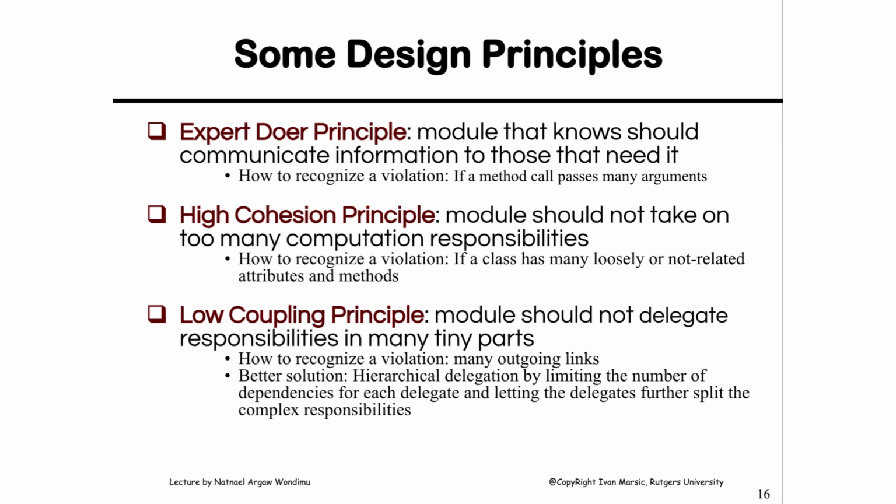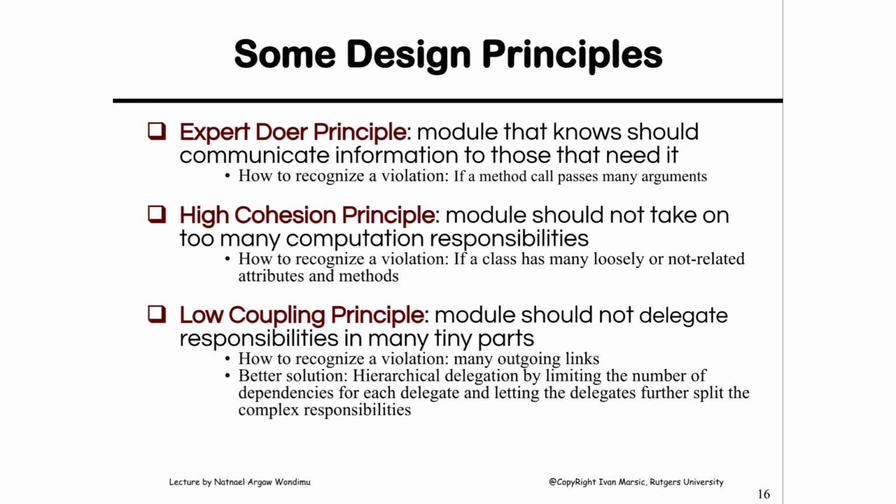For instance, we can consider one scenario: how to recognize a violation if a method call passes many arguments. This is one scenario for us to give much emphasis to the expert doer principle, in which modules do only what they are supposed to do.